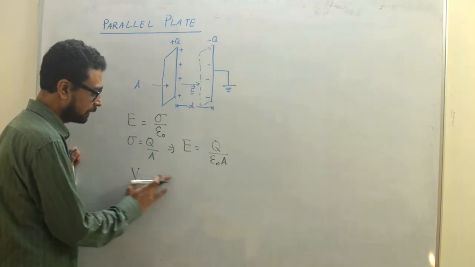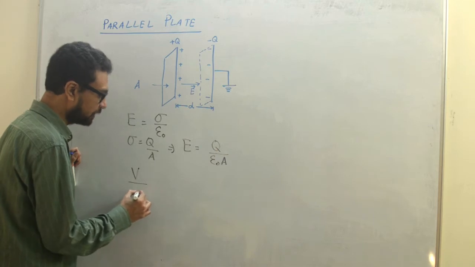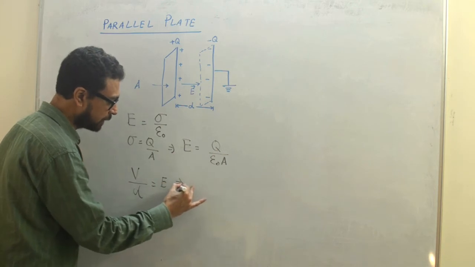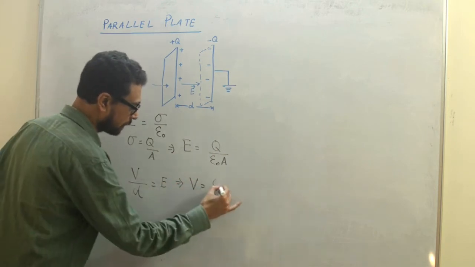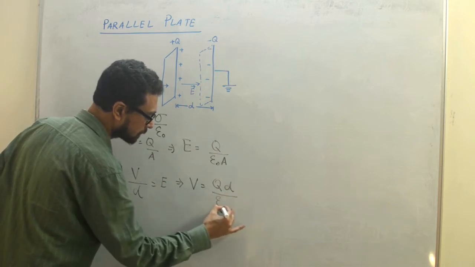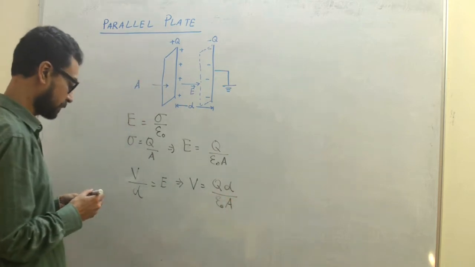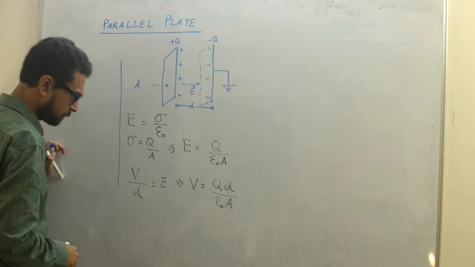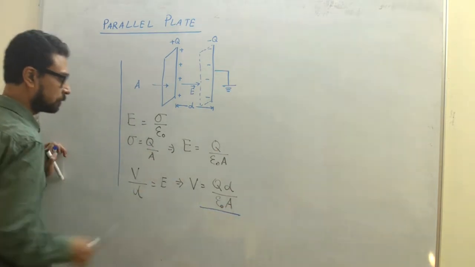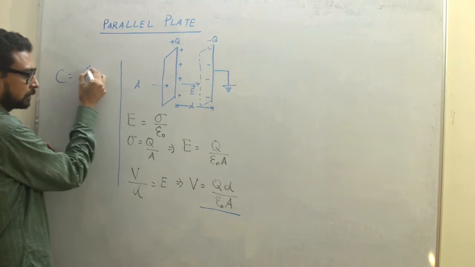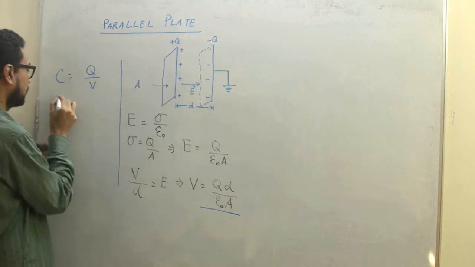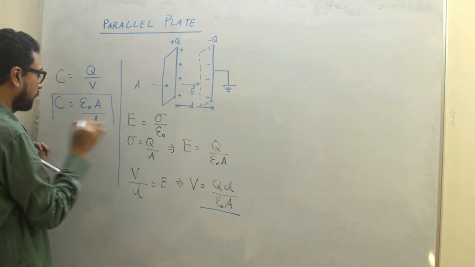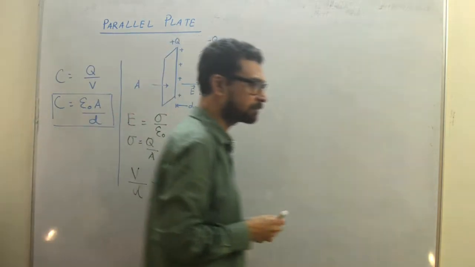It was dV by dr, that is V by D is equal to E. That means V is equal to Q into D by epsilon naught A. So we have the expression for potential. Great. Now we want C, which is nothing but Q by V. So you can easily do it, and it will come to epsilon naught A by D. And this is the expression for the parallel plate capacitor.